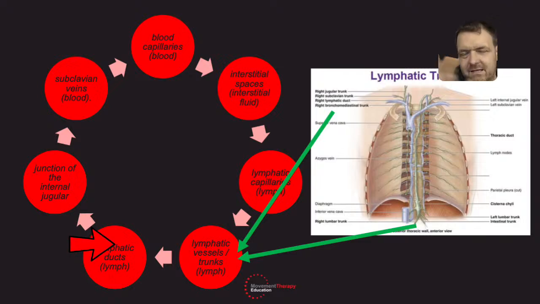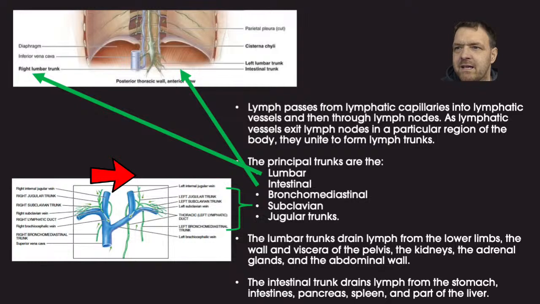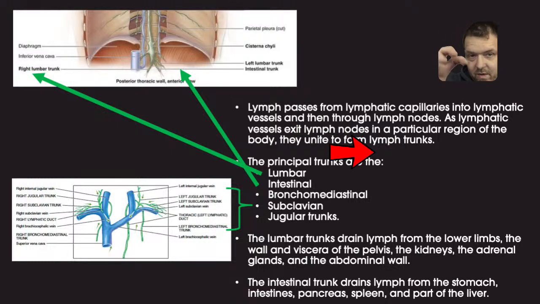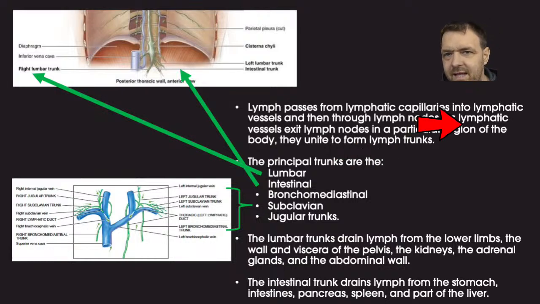That's a bit of a comparison between the lymphatic system and the cardiovascular system, so hopefully that makes sense. Here we go, this is where we left off. Lymph passes through lymphatic capillaries into the lymphatic vessels. As lymphatic vessels exit the lymph nodes, where you've got all the network going in and then one or two vessels coming out in a particular region, they then unite to form lymph trunks.